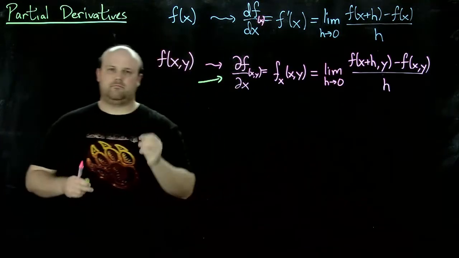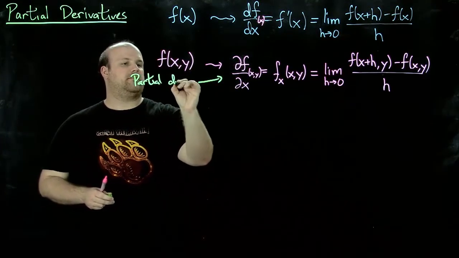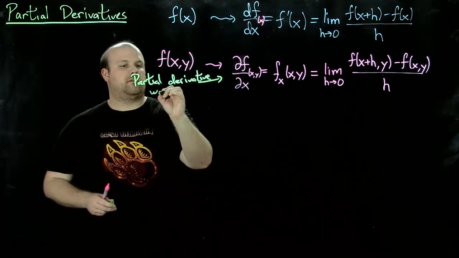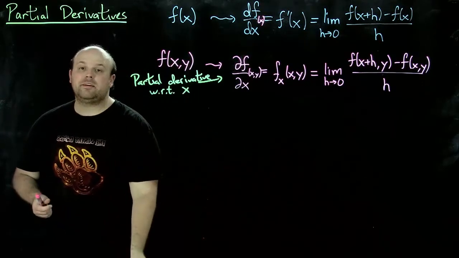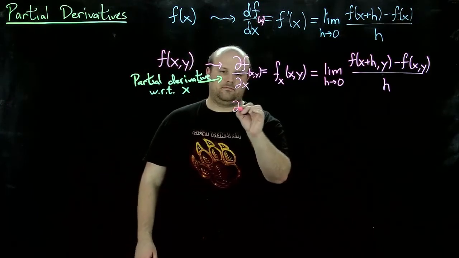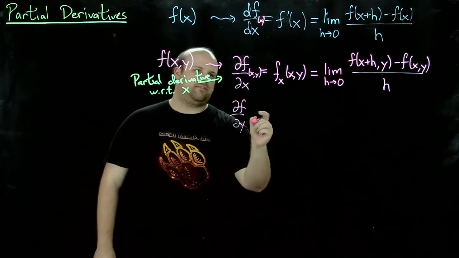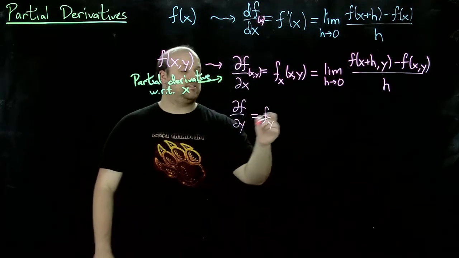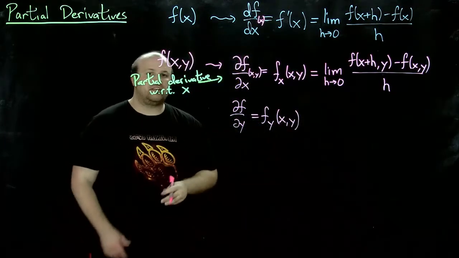So here, let's write that down. Partial derivative with respect to x. Right, and then we can do the same thing, but for the y variable now. So df dy, and I'm going to leave off the of x, y this time. The other notation is f sub y, right?